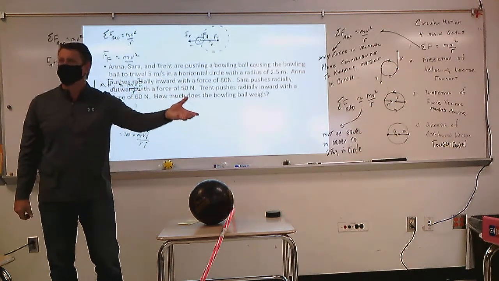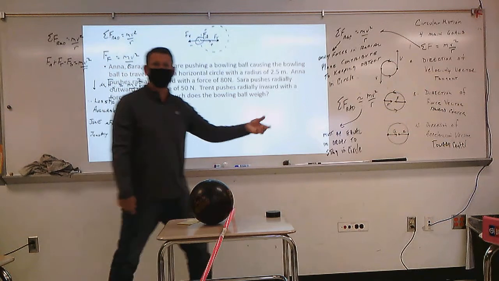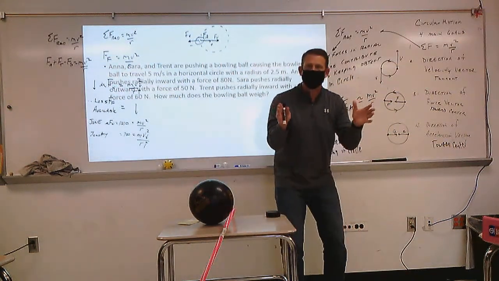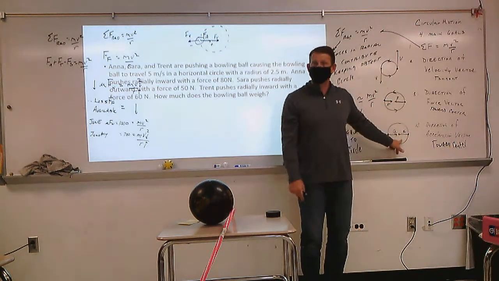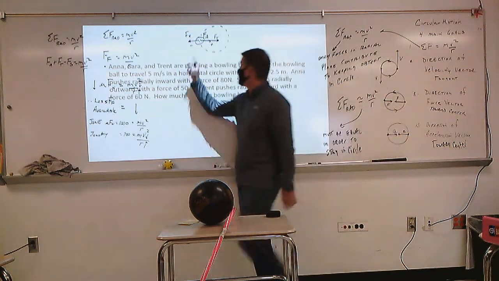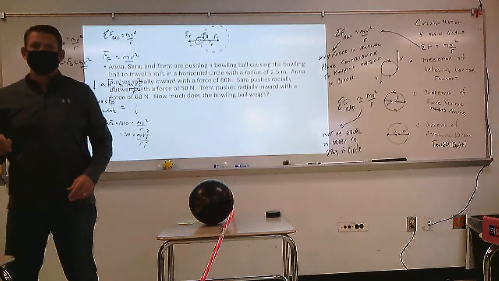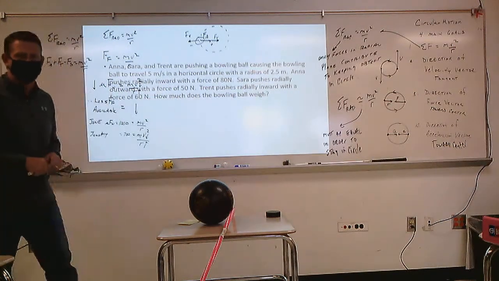Any forces in that direction have to be positive. Which direction is an object traveling in a circle accelerating? Towards the center of the circle. So towards the center is positive, and away from the center is negative.